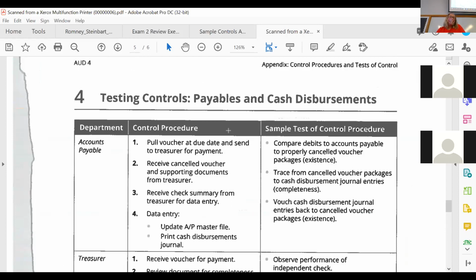It's just a little bit more narrow in focus, in that the supplier that you're creating payables for is your own employee, and the supplier that you're paying with cash is your own employee.